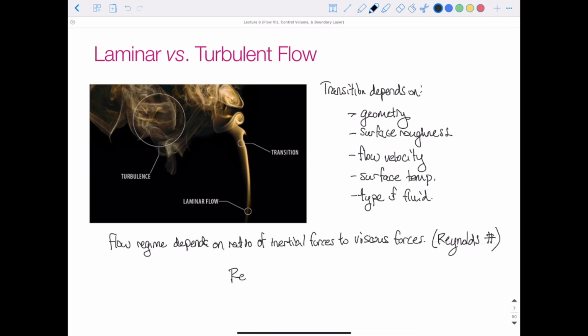Our Reynolds number, Re, is equal to the density of the fluid times the velocity of the fluid times some characteristic length, divided by mu. Or we could also write this as velocity times diameter of a pipe for pipe flow, divided by nu.